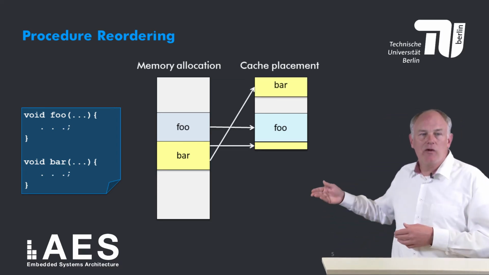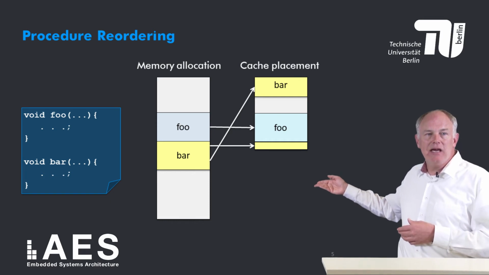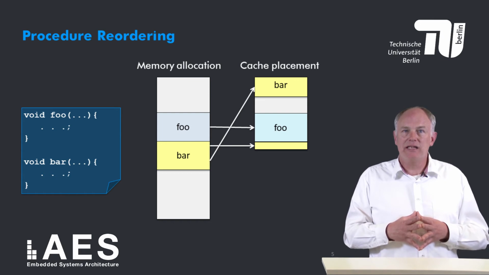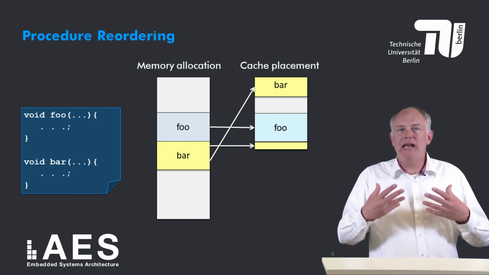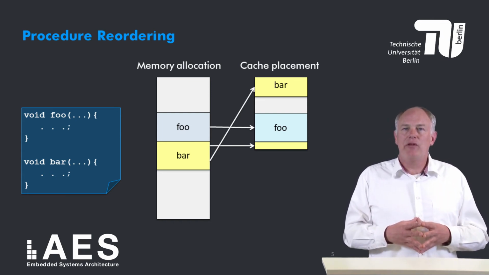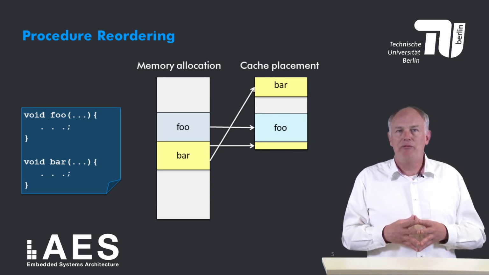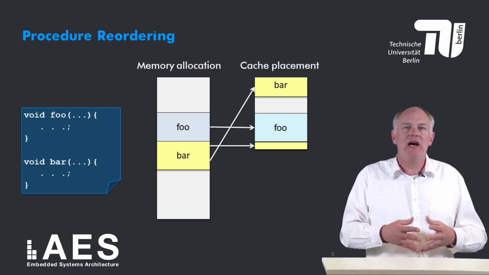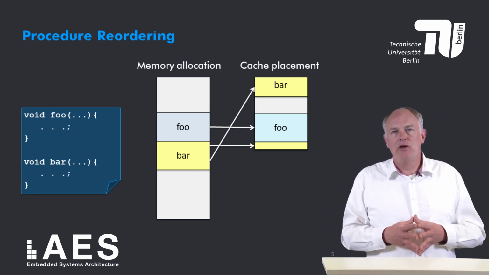And when bar is called, it will be placed here and here in the instruction cache. So it will be placed in an area that does not overlap the segment occupied by foo. Now foo and bar can stay in cache at the same time and no conflicts occur between them.